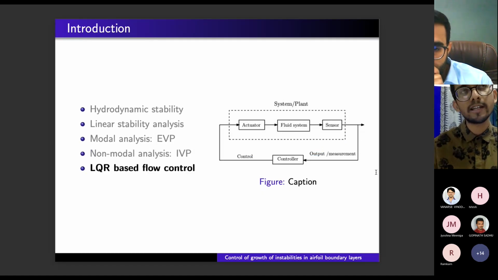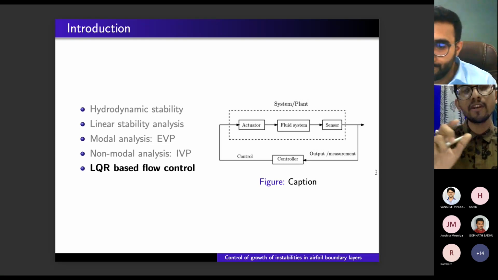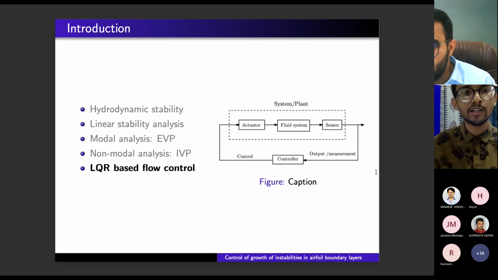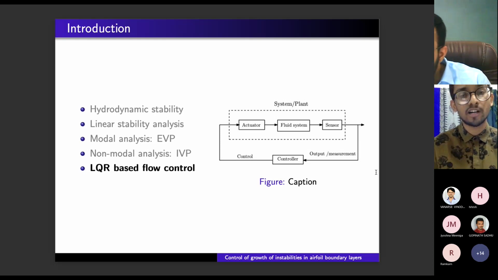We'll be finally incorporating the LQR-based controller. So we assume that we have the knowledge of the fluid system, and then we incorporate sensors and actuators on our flow system. These sensors sense how the disturbance is going to behave, or primarily how the flow is going to change with time, whether it's going to be stable or unstable.